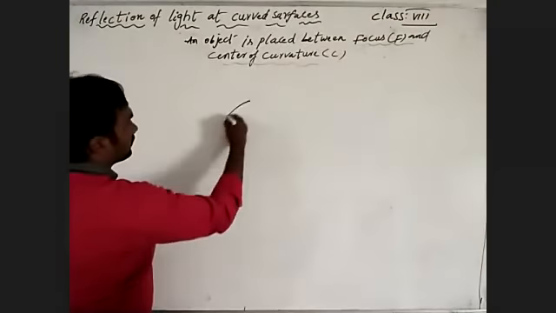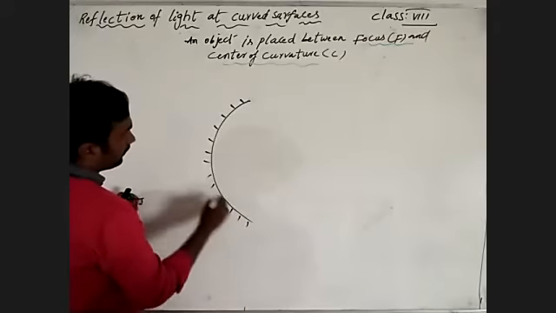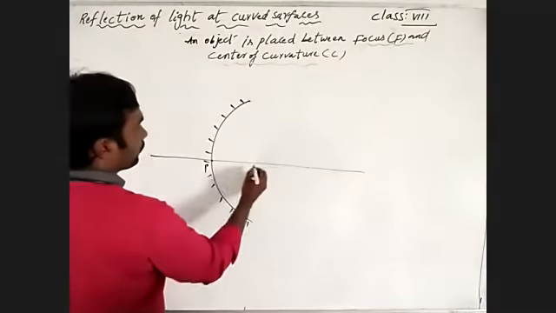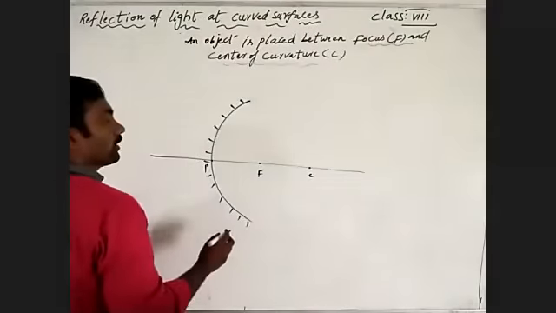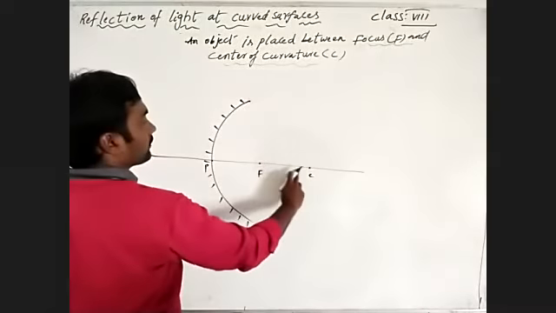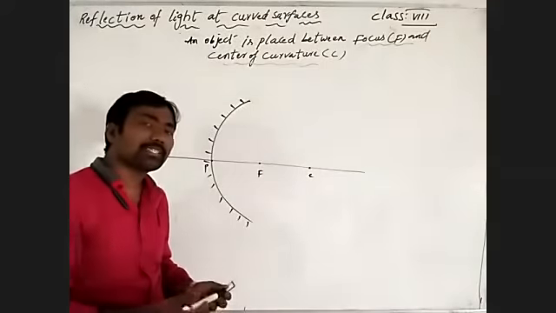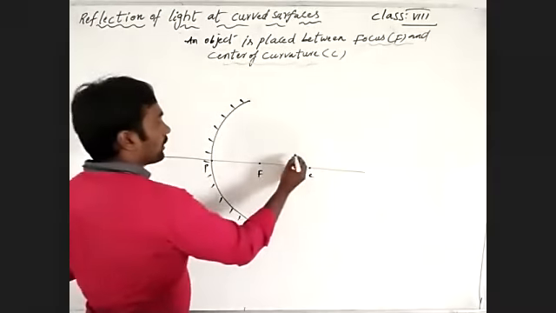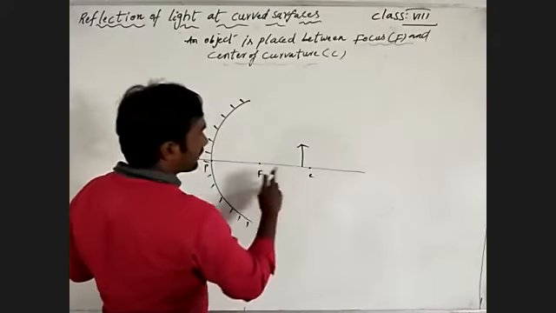See once, this is a concave mirror, and this is the principal axis, with pole, focus, and center of curvature. So the object is placed between focus and center of curvature. Between means not exactly in the middle, but somewhere between those. So I'm going to show you an object placed between focus and center of curvature.